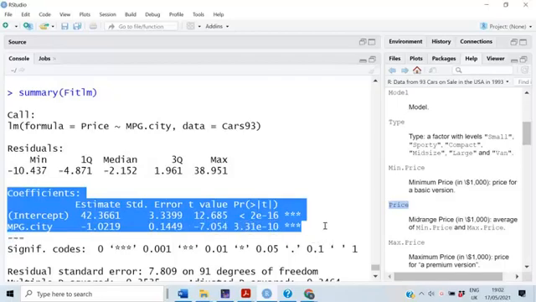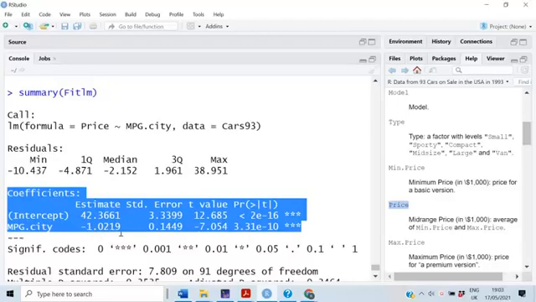Now, if you look at the coefficients, the intercept is what we refer to as beta naught in our 223. So beta naught is 42.3661. And beta 1 is what? -1.0219.